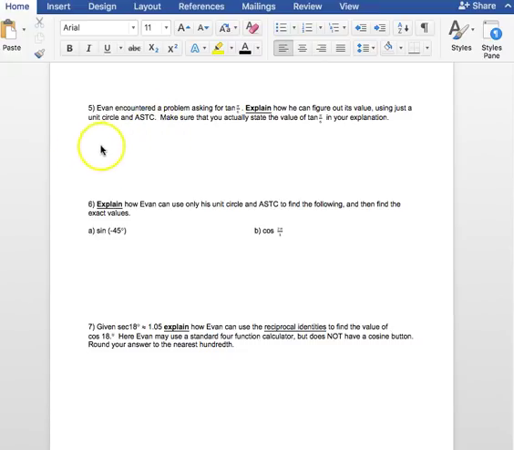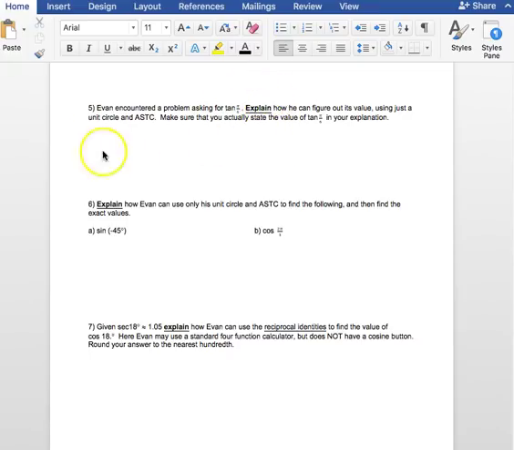Remember, ASTC is the All Scholars Take Calculus, which tells us what is positive in each of the quadrants. And again, that's all in the review video if you don't remember ASTC. So again, key word is explain.